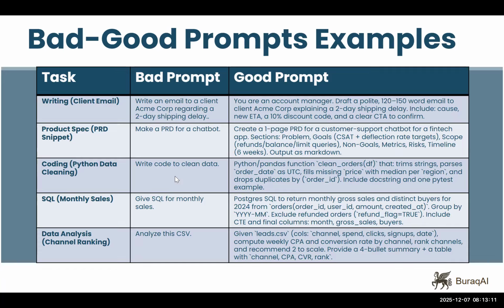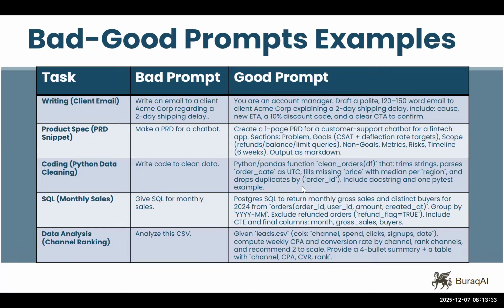Then coding: if you want, write a code to clean data. Here you say Python or pandas function. You also put a function name, which would take a data frame, trims strings, parses order date as UTC, fills missing price with median per region, and drops duplicates by order ID.